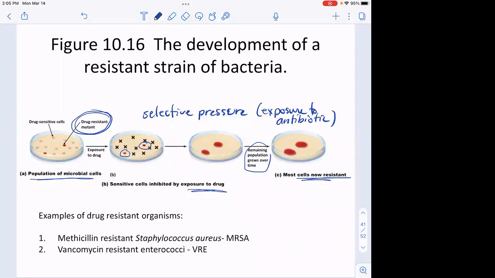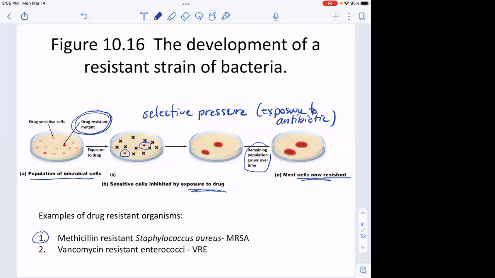Examples of resistant organisms, it gets to be kind of an alphabet soup, the way we name them. But this one you probably heard of because we talked about it already, methicillin-resistant Staphylococcus aureus, or MRSA. Not as prevalent, for some reason we're not really sure, as it was maybe 10 or 15 years ago. But that one's out there.